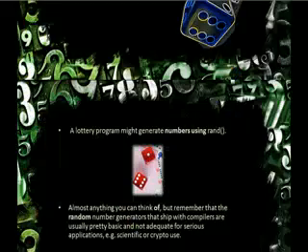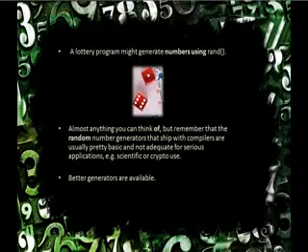A lottery program might generate numbers using rand. Almost anything you can think of, but remember that the random number generators that ship with compilers are usually pretty basic and not adequate for serious applications, for example scientific or crypto use. Better generators are available.